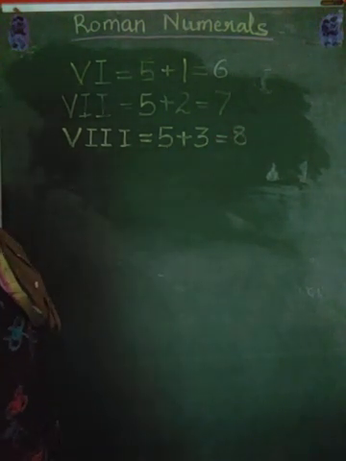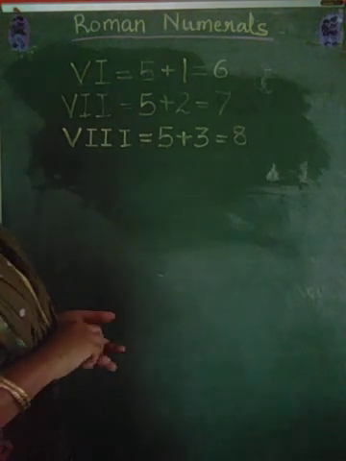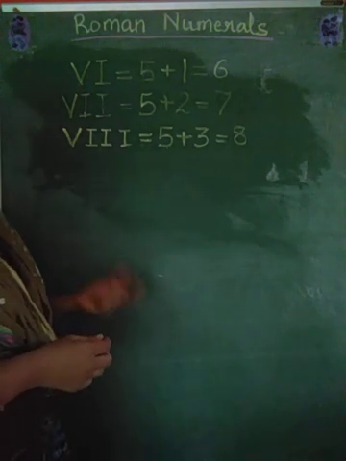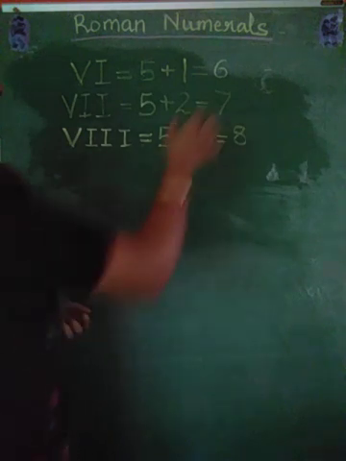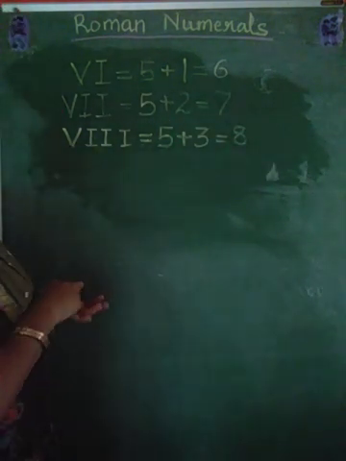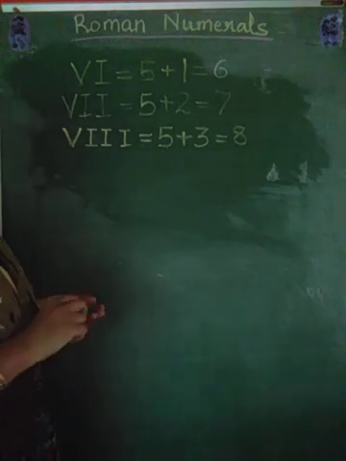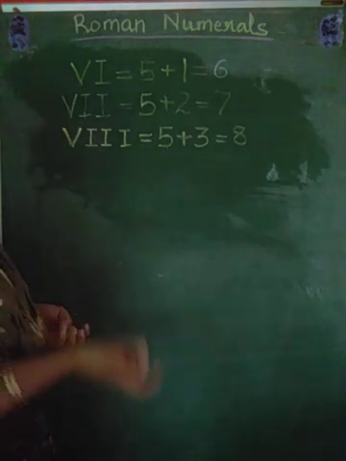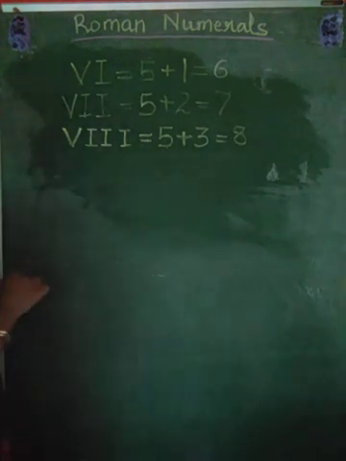Fine. Now you have already learned the numbers 1, 2, 3, 4, 5, 6, 7, 8. Now according to rule number 3, let us try to write down some other letters.